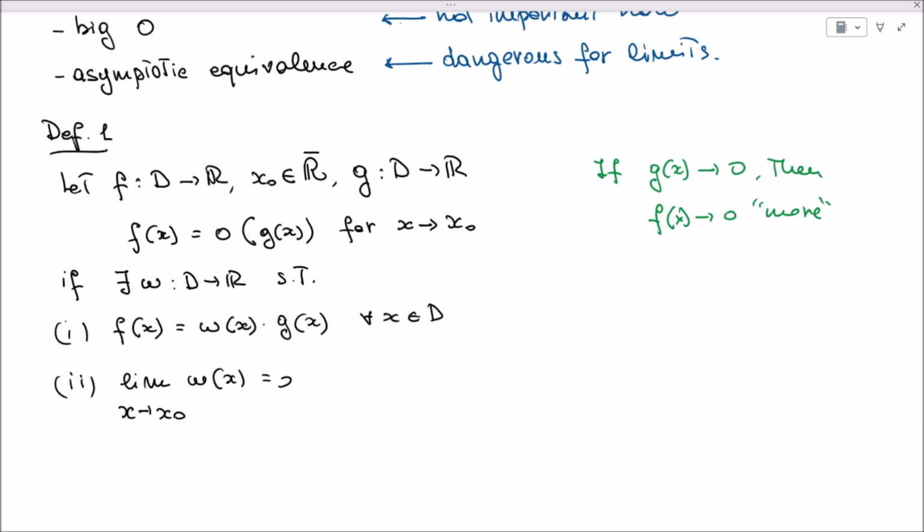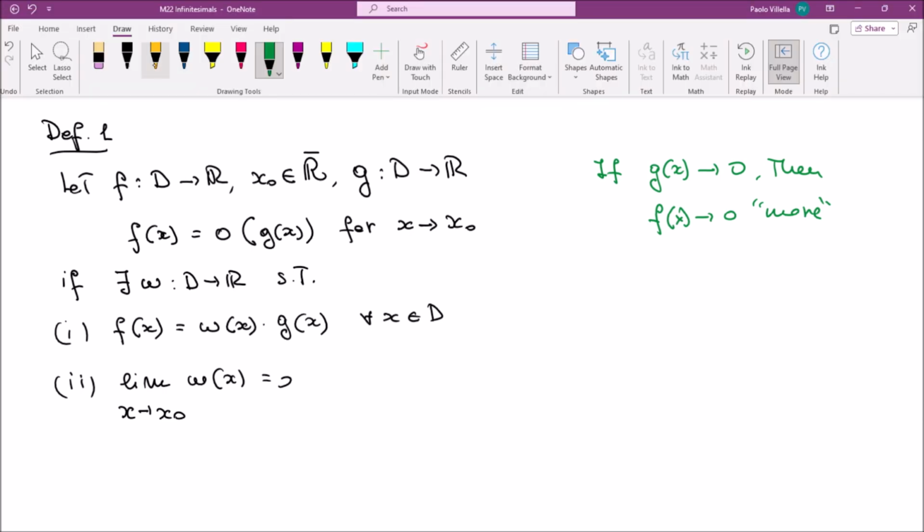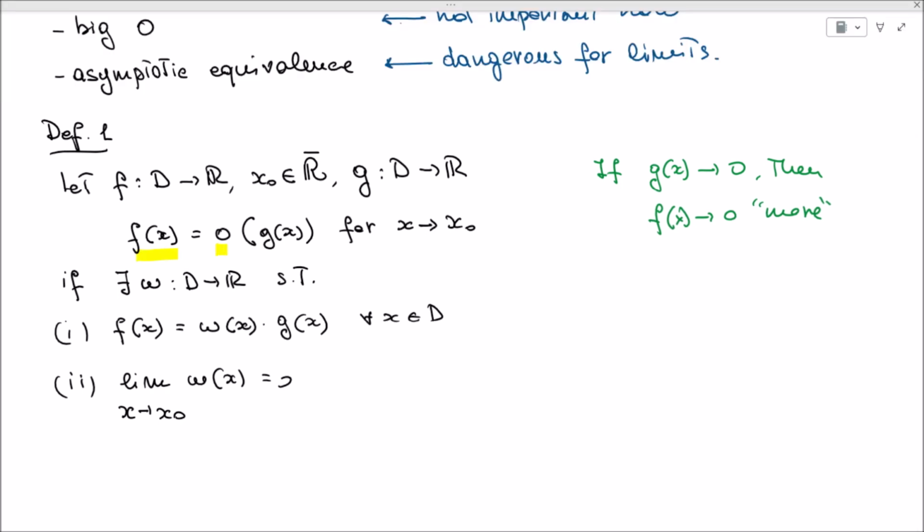So this is a first interpretation of this little o symbol. When we say that f of x is equal to small o of g of x, and g of x tends to 0, this is just like saying that f of x tends to 0 faster.